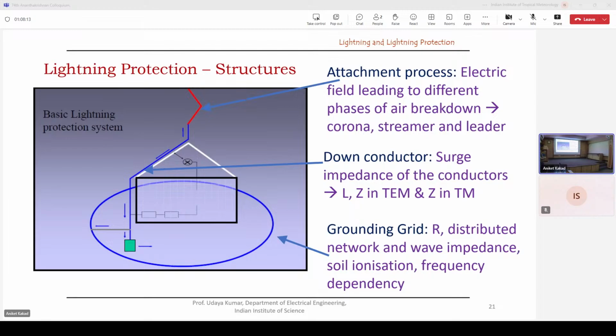But to understand and quantify this, what do we need? We need expertise in multiple areas. I agree that compared to modeling of cloud dynamics, this may be a silly thing for you. For us, it is a great thing because too many complex physical phenomena which are not quantifiable are involved. First is the air terminal receiving the lightning, which is called the attachment process.